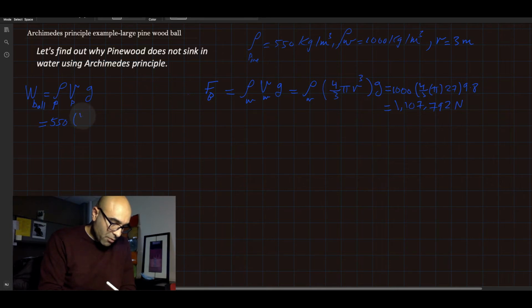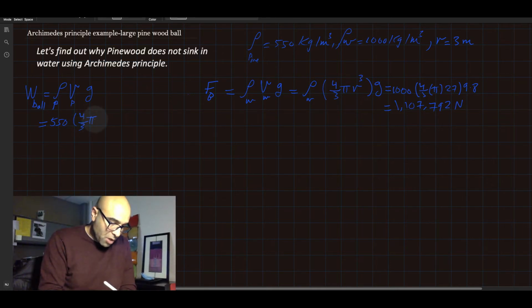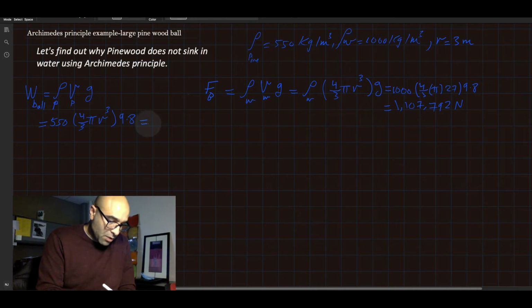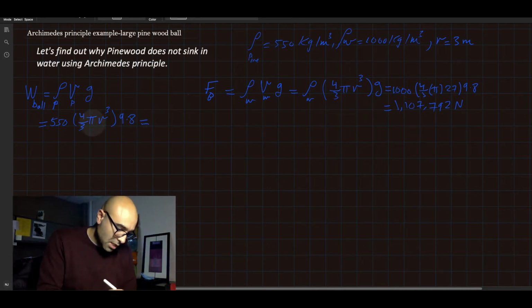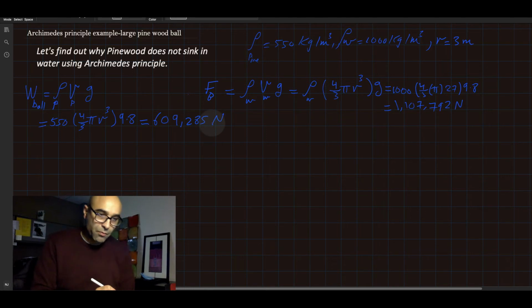The volume of the pinewood is again 4 over 3 pi r cubed, where r is still 3 meters, and g is 9.8. With quick calculations, we get the weight of the ball is 609,285 Newtons.